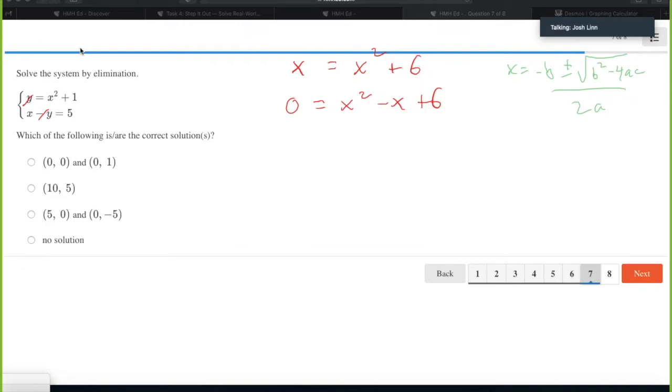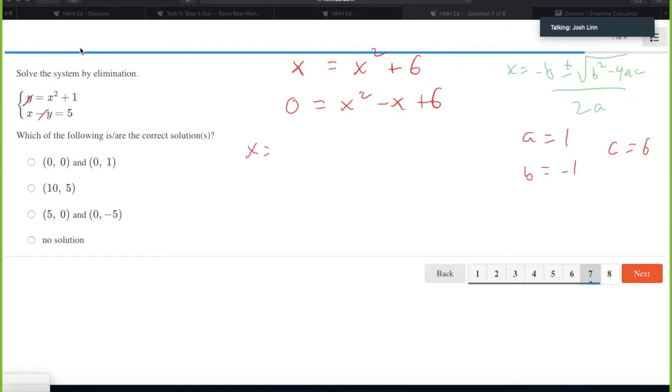Okay. So our a equals 1, our b equals -1, and our c equals 6. So we're just going to plug that in.